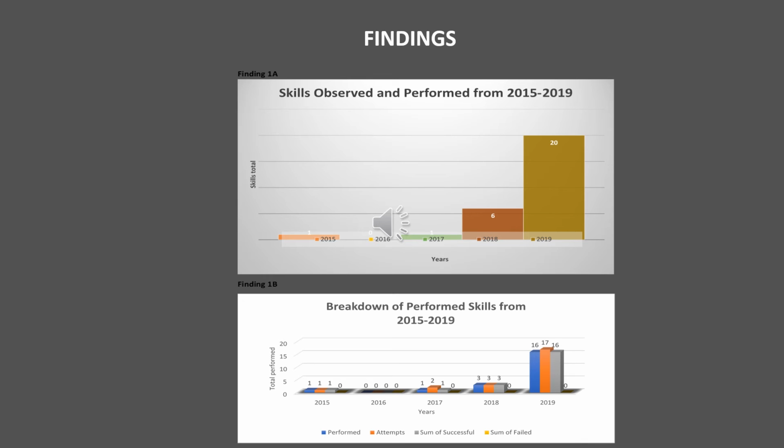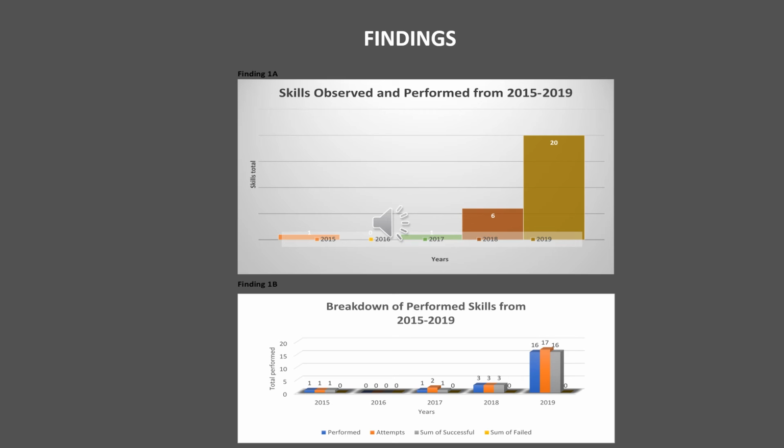Moving forward, based on the research methods and methodology that we used, these were the findings observed. In 2019 there were more skills obtained, as we can see in this slide, which shows the age distribution of patients in finding 1A, skills observed and performed from 2015 to 2019.